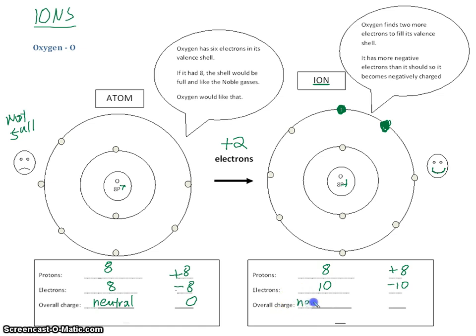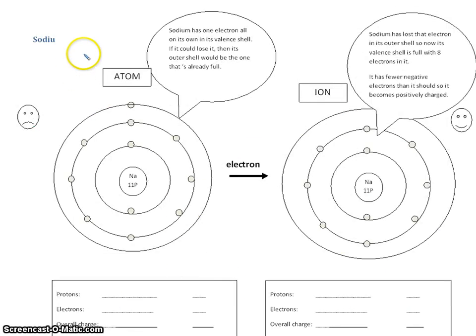Because it's got 10 negatives and only 8 pluses. How much? Well, it's 2 more negative. 8 and 2 make 10. So we call it an O2- ion. That 2 minus is going to be important when we get to bonding.